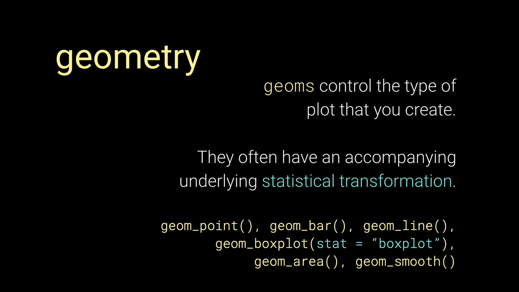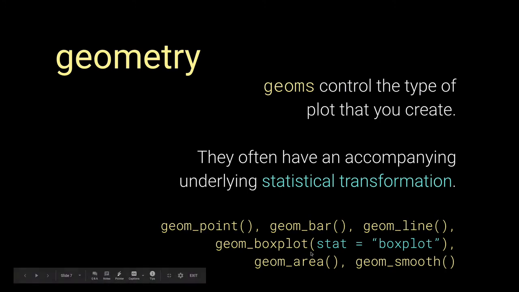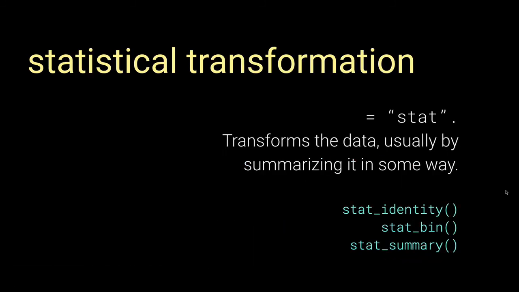Geometries often have an accompanying underlying statistical transformation. So for example, for geom boxplot, the statistical transformation is boxplot. And by statistical transformation, we mean the way that ggplot2 is transforming your data under the hood in order to get it to display the way that you've asked it to. So for a box plot, it is actually performing a statistical summary on the variables that you're adding to the plot in order to display them as a box plot with a median and an upper quartile and a lower quartile, etc. A statistical transformation is often just an identity transformation where nothing actually happens to your data.